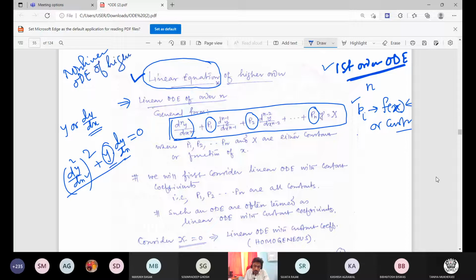We will not consider nonlinear ODEs of higher order in this MSc 02 Maths 2 course, but in your next semester you have differential equations again, where we may talk about nonlinear differential equations.